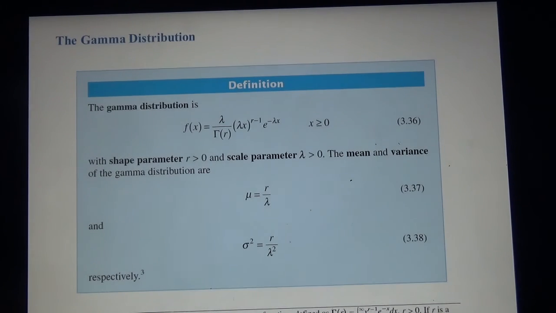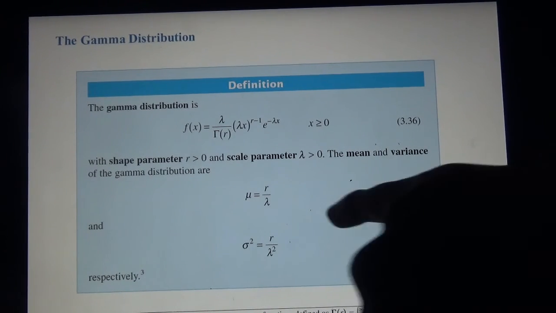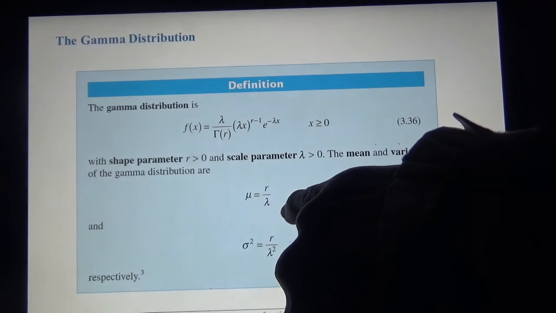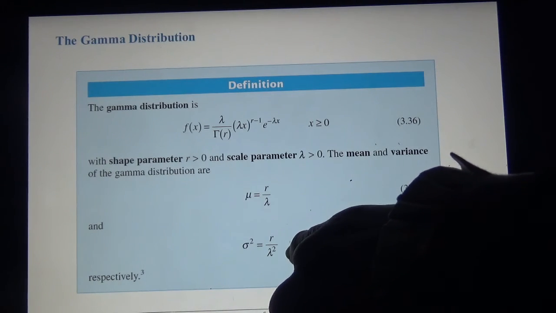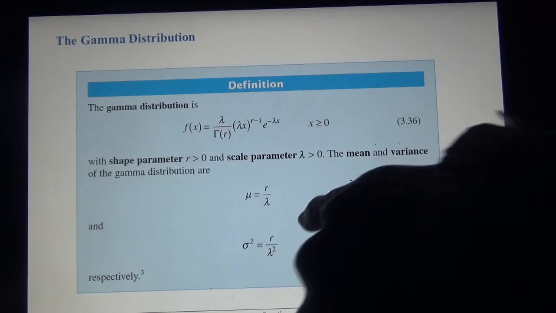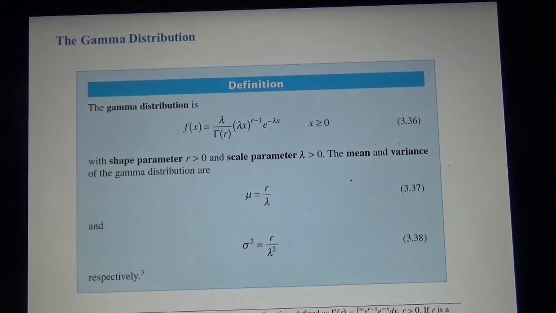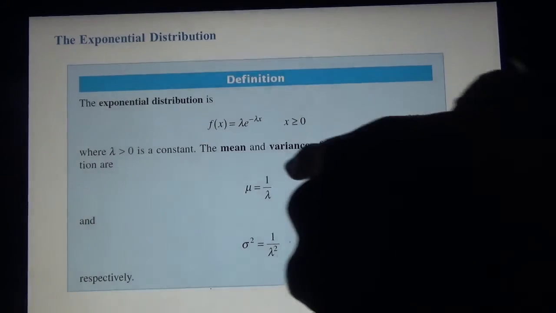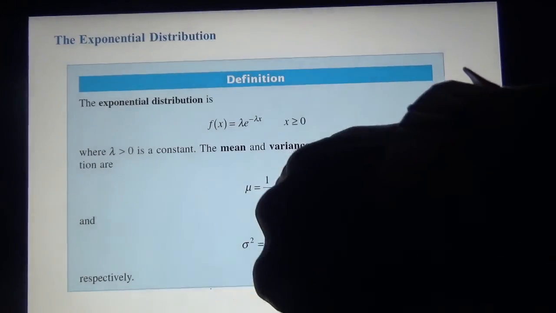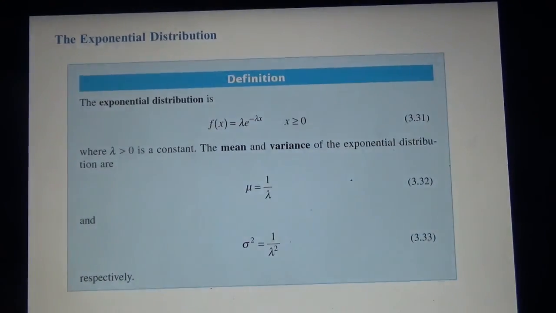And the gamma distribution: the averages are r over lambda and the variances are r over lambda squared. If we look at the previous formula for the exponential distribution, only r comes in place of 1.